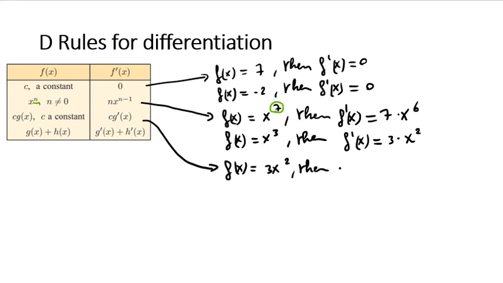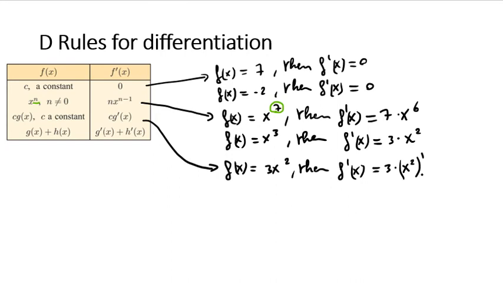Then we can say that the derivative of f of x is equal to the same constant c, and the constant in this case is 3, times the derivative of g of x, so the derivative of x to the power of 2. We can write the derivative of x to the power of 2 like this.